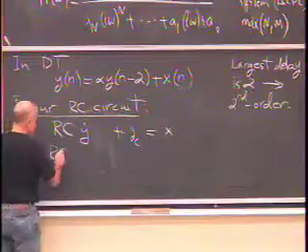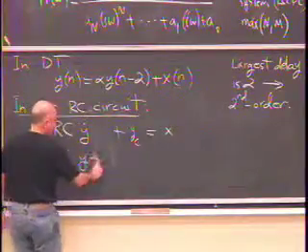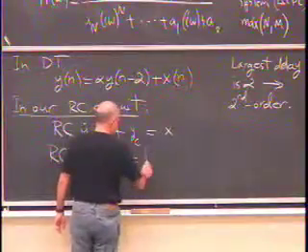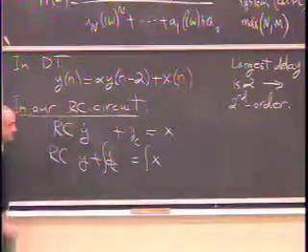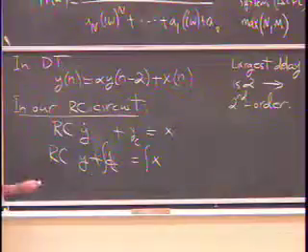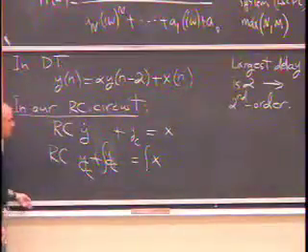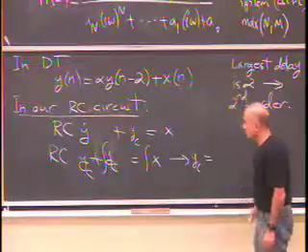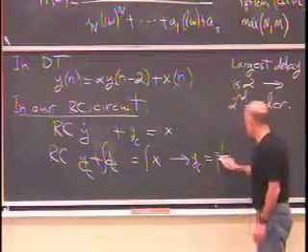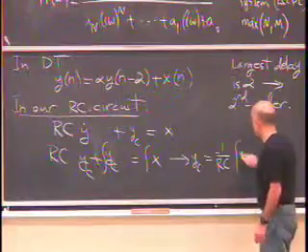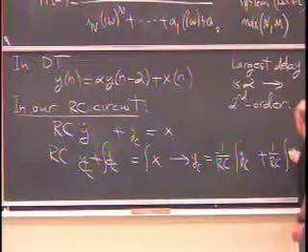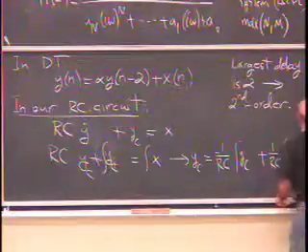So I have RC y plus integral y equals integral x. And so what this says is y(t) is minus 1 over RC integral y plus 1 over RC integral x.